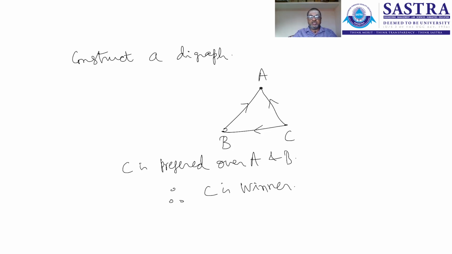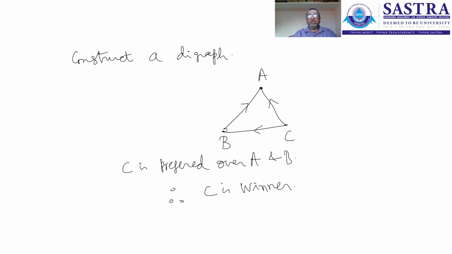And you can see that the graph we have constructed is a tournament because you have one directed edge between each pair. The direction can be in any way, but here at vertex C you have more edges emanating from C, and therefore I conclude that C would be the winner.